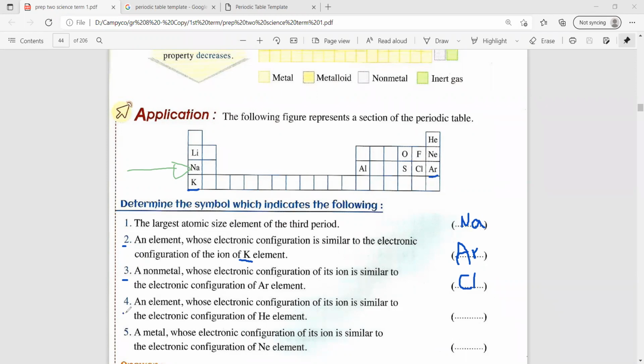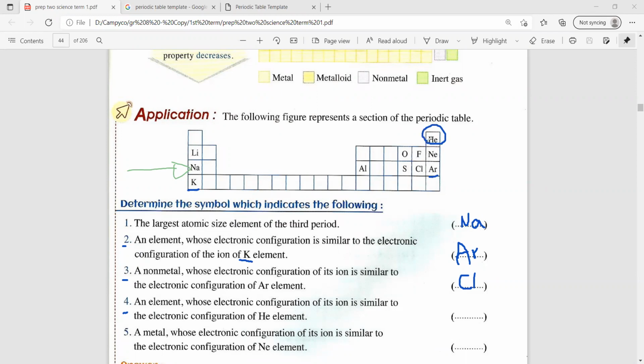Number 4. An element whose electronic configuration of its ion is similar to the electronic configuration of helium element. They told you an element and they didn't say it's metal or non-metal. They are just asking what is an element whose ion's electronic configuration is similar to helium.